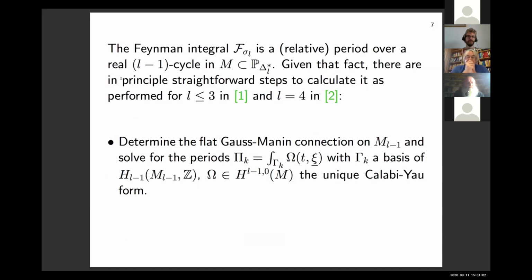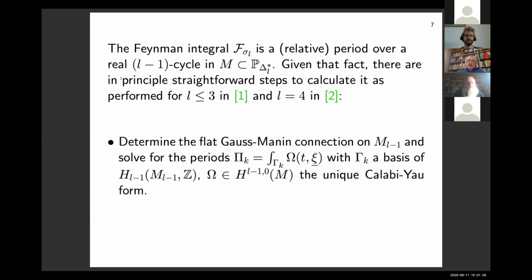Okay, good. So the Feynman integral itself is, as I said, a relative period or a chain integral over this real L-1 cycle that I have shown you. And given that fact, it is in principle straightforward to calculate this. And this was performed for L smaller than 3, also in the non-equal mass cases in 1 and for L equal 4 in 2.